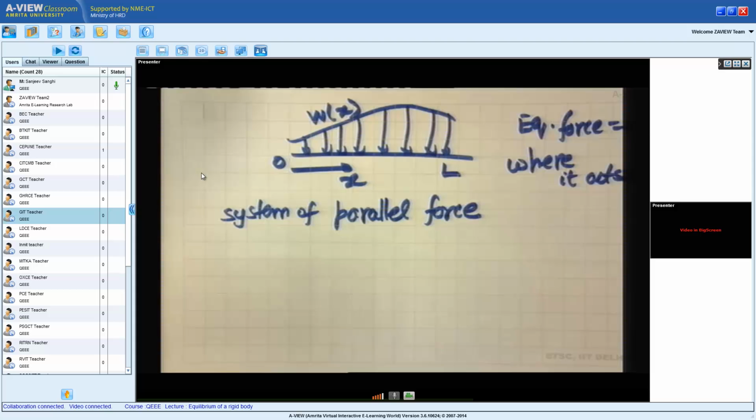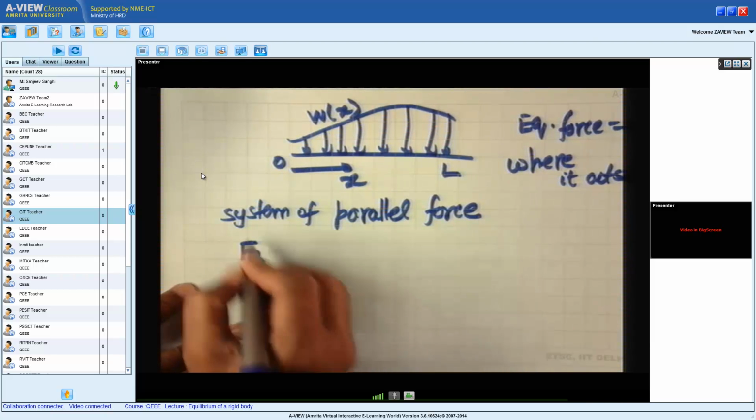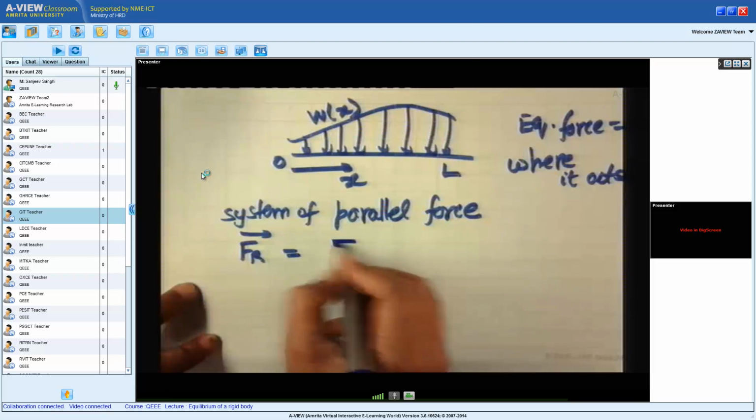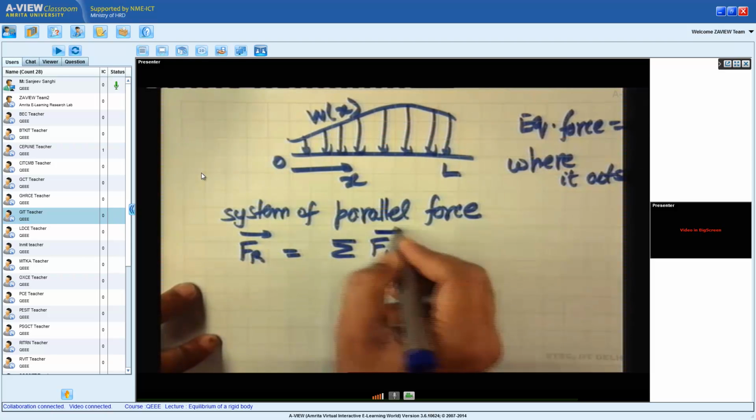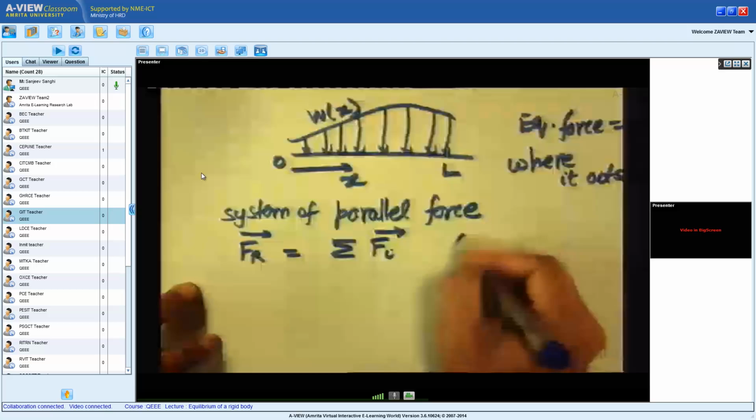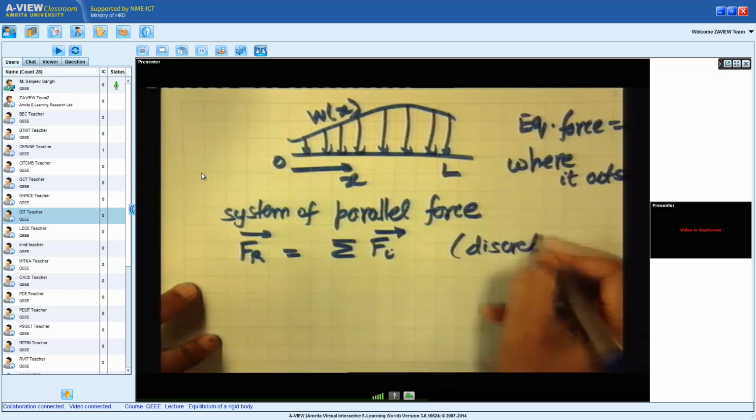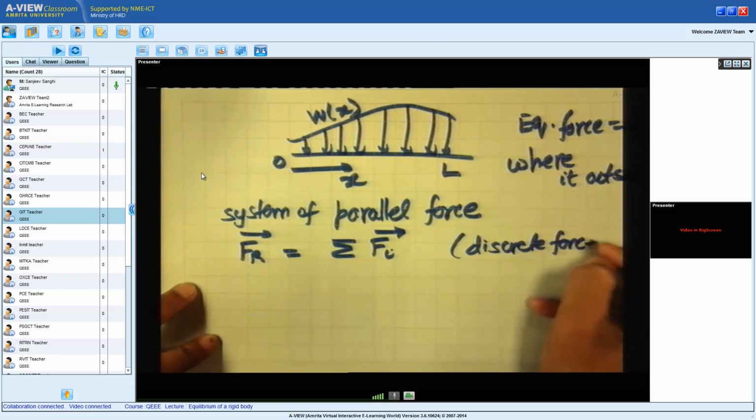All the forces are parallel. Now, how do we find the resultant? F_R, as we have used so far, is equal to sigma F_i. This was the case for discrete forces.